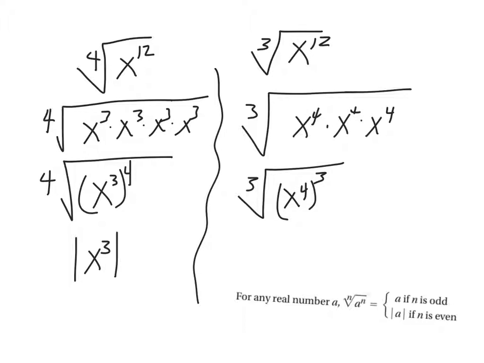So that means the answer is certainly x to the 4th. In this case, I don't need the absolute value because the 4th is going to take care of it. It's going to kill it. So what we're looking at here is the n part here versus the n part here. Does that make sense?